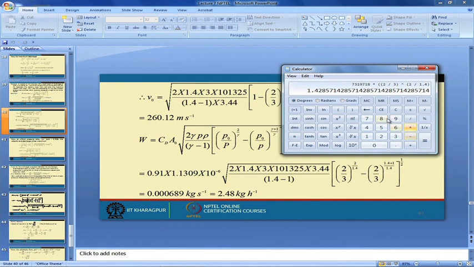So, this actually, if we close it here, then we can write here also point.